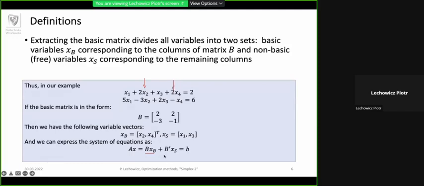And we have some other matrix B prime. For now, it's not important how it looks like, but it's obviously formed by the coefficients for free variables. And if we add this part of the equation, we obtain the right-hand side of the equation, right?